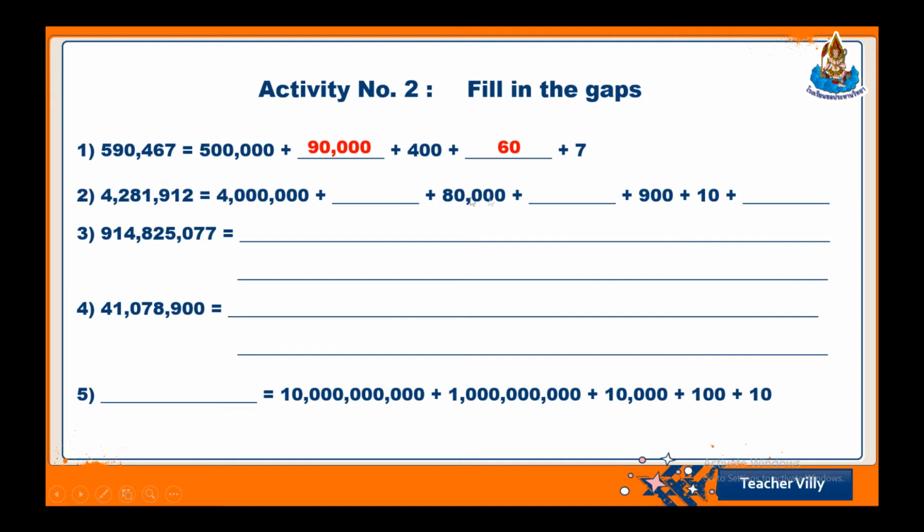This should be 200,000 plus 80,000 plus 1,000 plus 900 plus 10 plus 2. Very good.